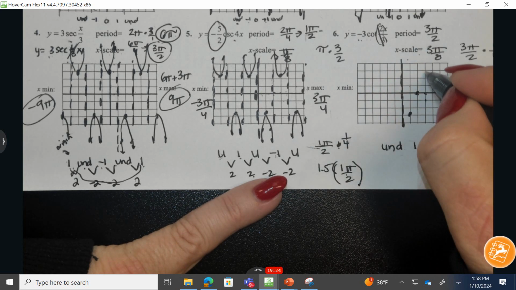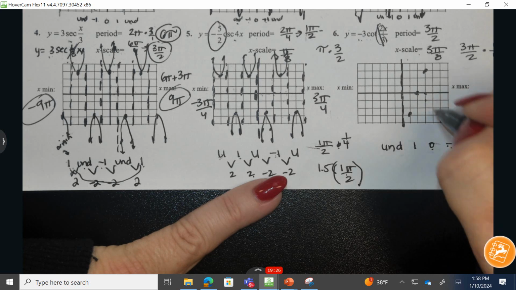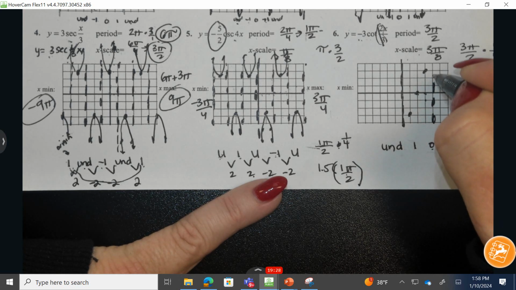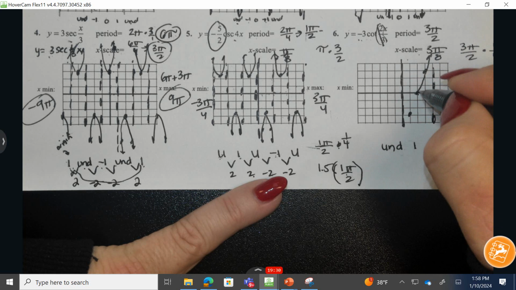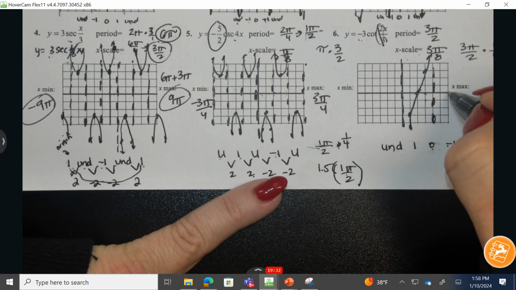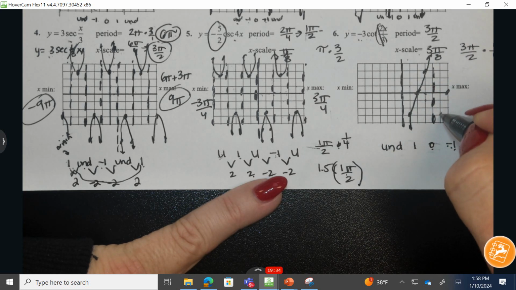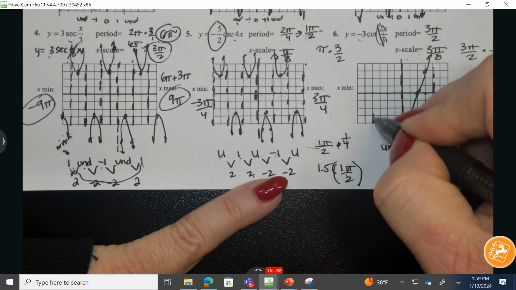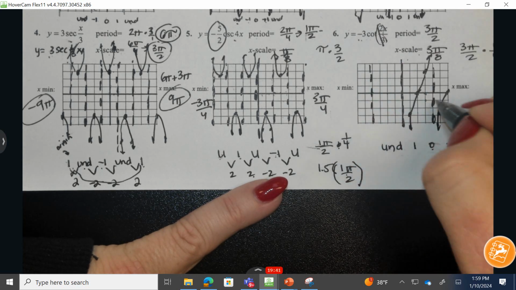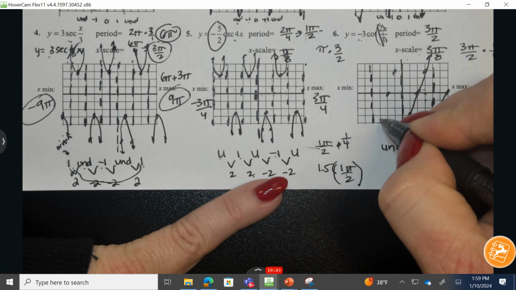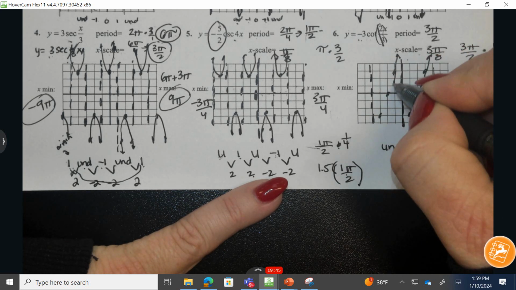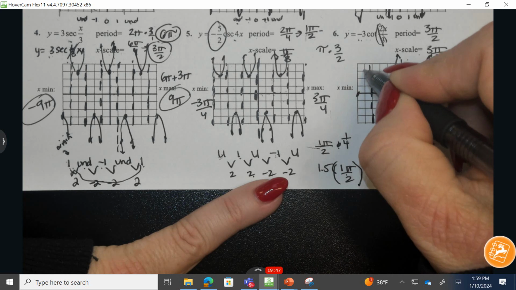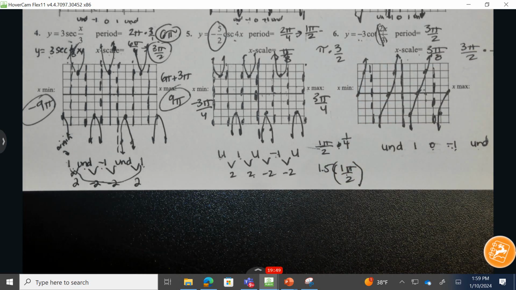Negative 1 times negative 3 is positive 3, and then I'm back to being undefined. Okay, we'll continue this here, the same pattern. 1, 2, 3, 4. All right, there we go.